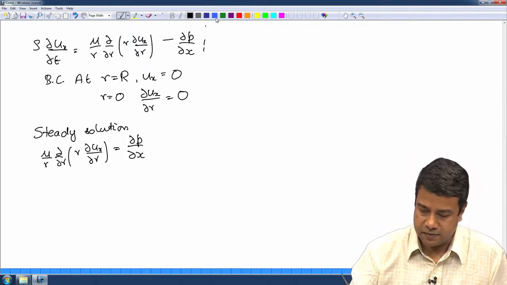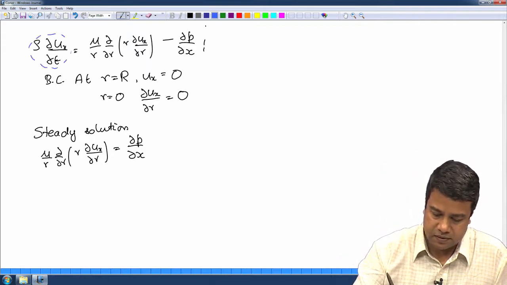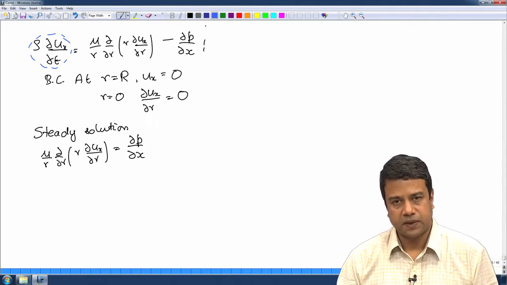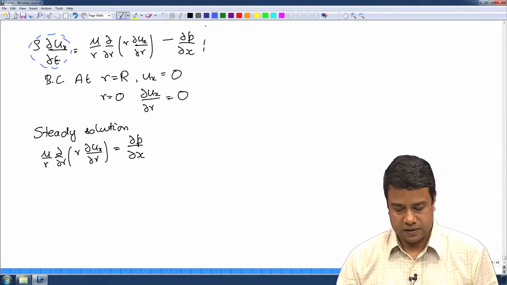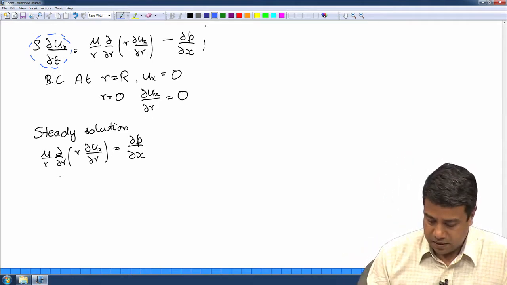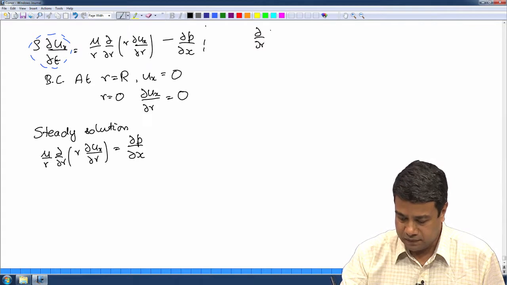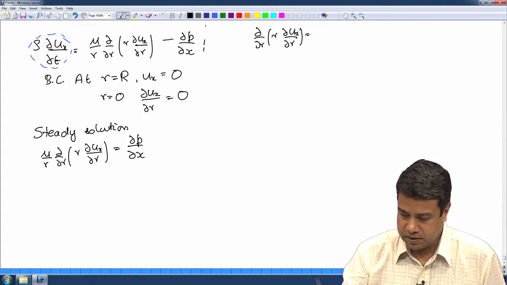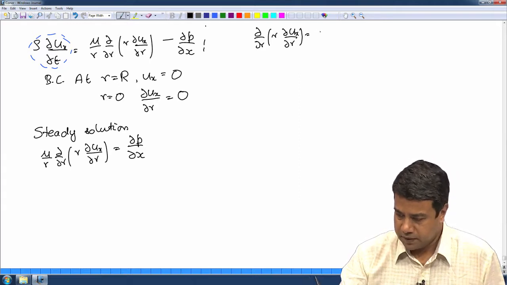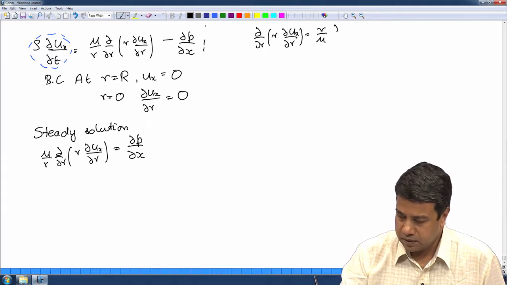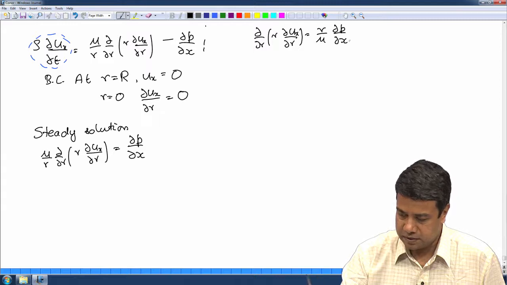The time-dependent term is equal to 0 because there is no time dependence. Now you can solve this. First you will get d by dr of r partial ux by partial r is equal to r by mu dp by dx.